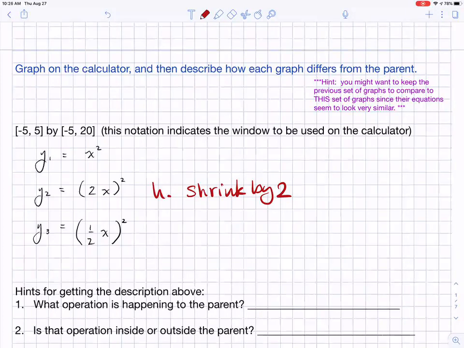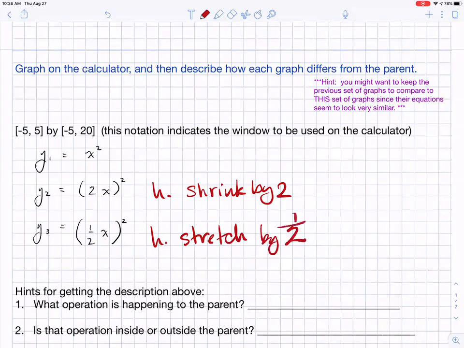What would you have to do to me from side to side to make me get wider? Wouldn't you have to be pulling me from side to side? Yeah, so that's a horizontal stretch.